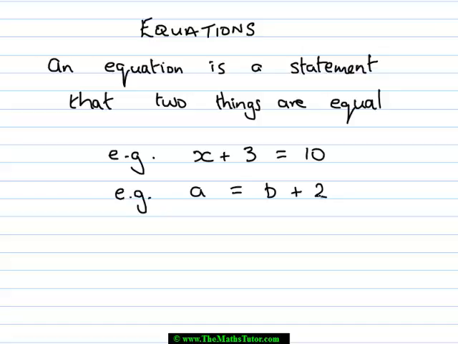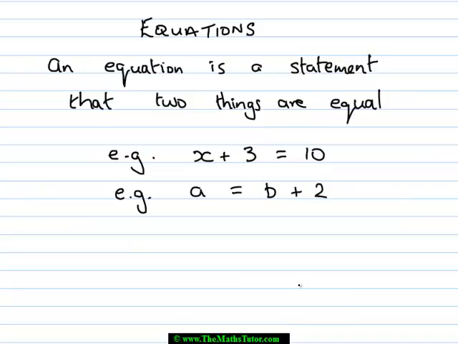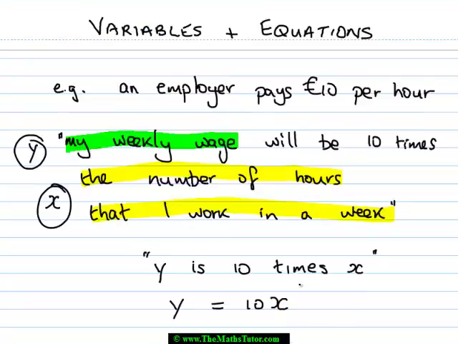In our earlier example above, instead of saying y is 10 times x, we could say y equals 10x. So that's another equation with two variables, y and x. So we use equations to tell us something about the variables.